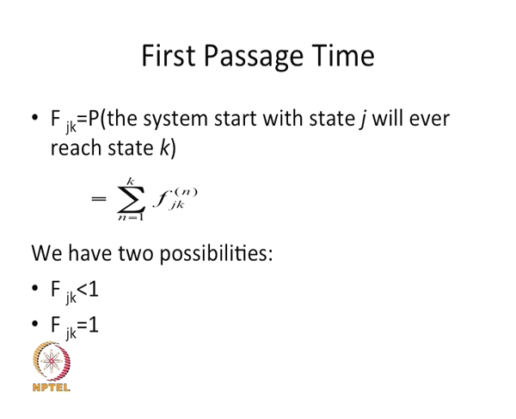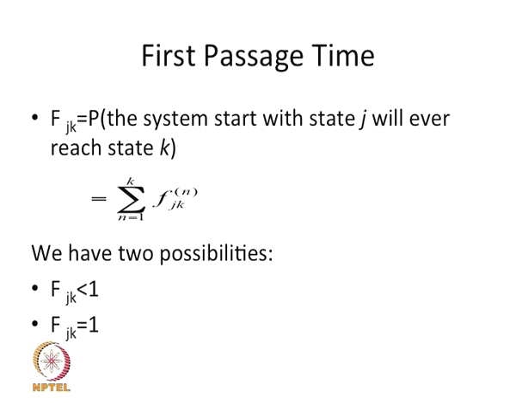Now, we have two cases. One is when f j k is less than 1. What is the situation corresponding to this probability being less than 1? The other case of interest is when f j k is equal to 1.